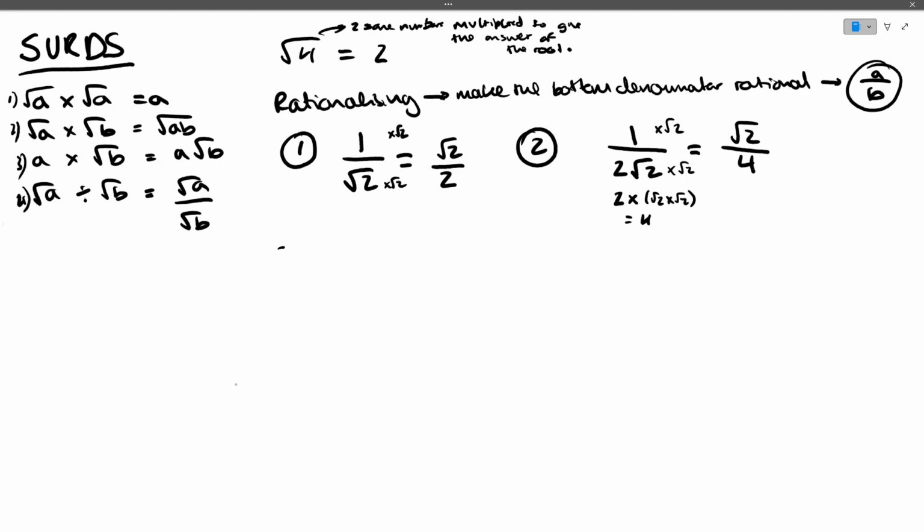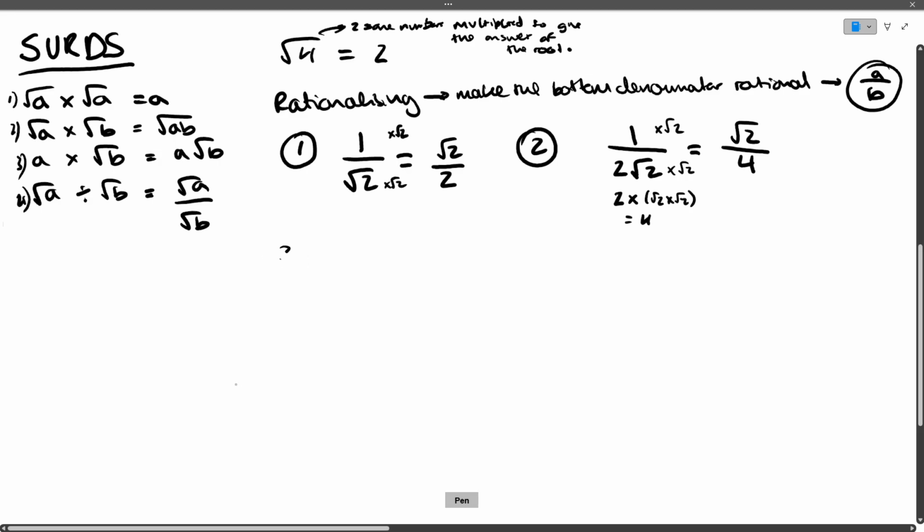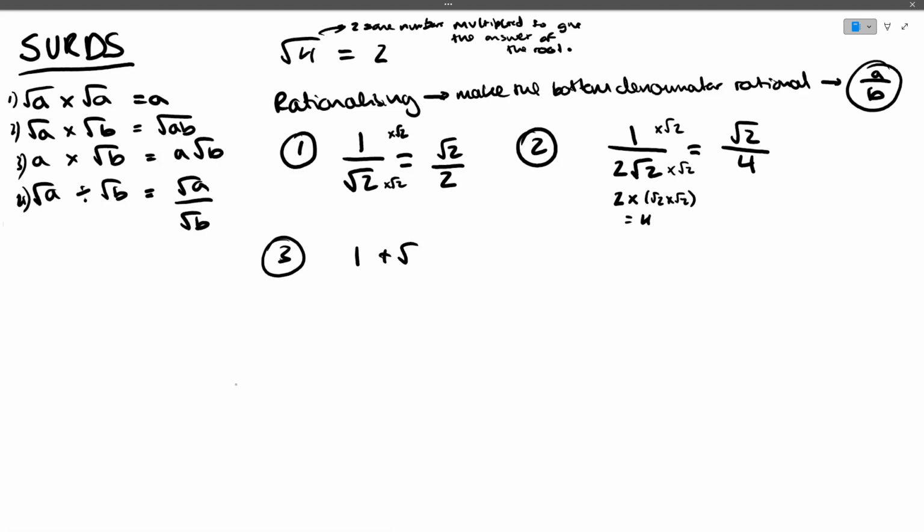So 4 over, we're going to also times this by root 2, times by root 2, which is also root 2. Now another third common type of question is, for example, maybe we have 1 plus root 2 over, I guess root 3, something like that. What you do here is times this by root 3, times this by root 3.